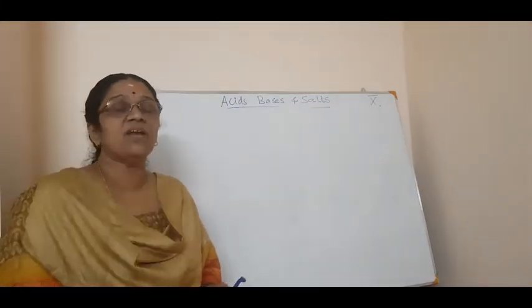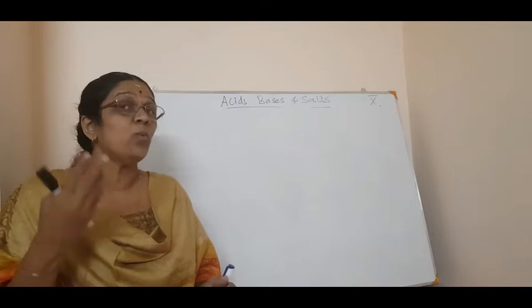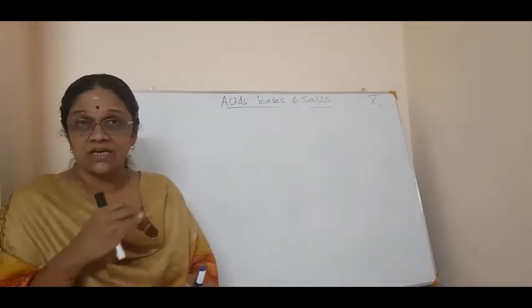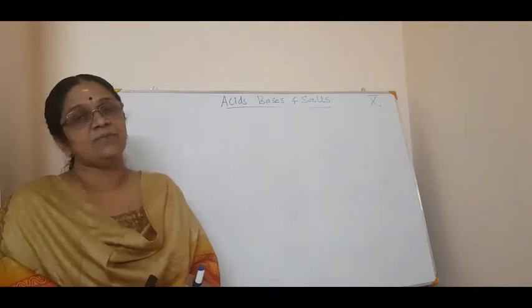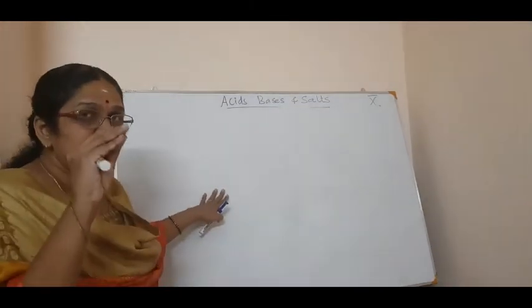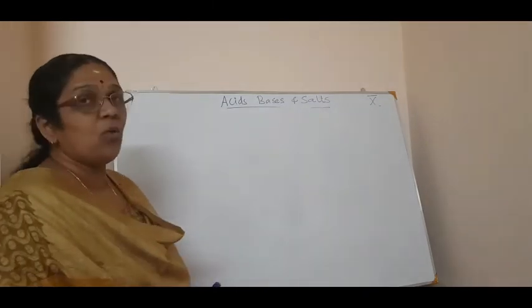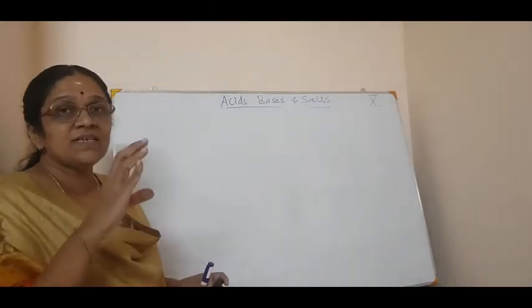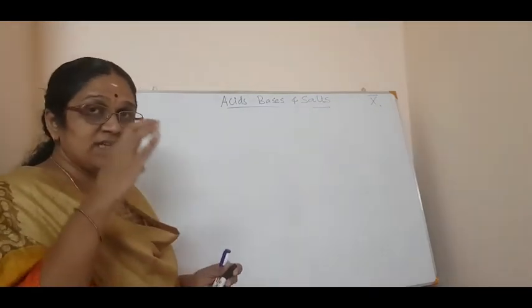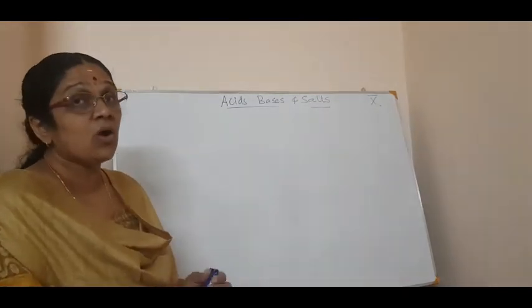Many scientists have defined many expressions for them: the Lowry-Bronsted concept, the Arrhenius concept, and so on. But here we are simply dealing with a simple theory. What do acids and bases have in common?